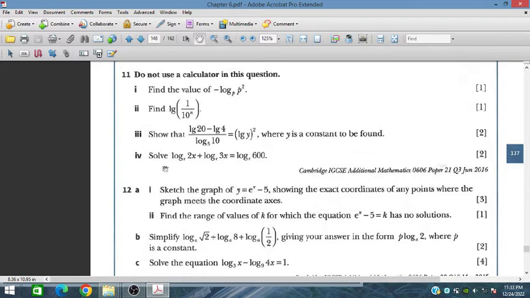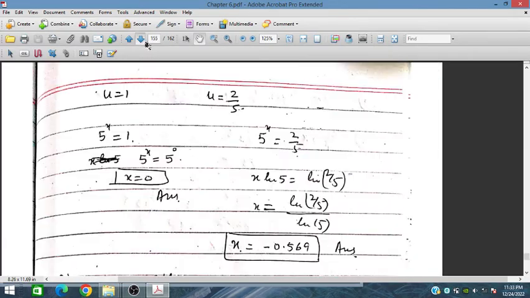And in the last question we have to find log r 2x plus log r 3x is equal to log r 600. So we have to solve these 4 problems that were part of paper 1, question number 3 in 2016. So let's solve question number 11.